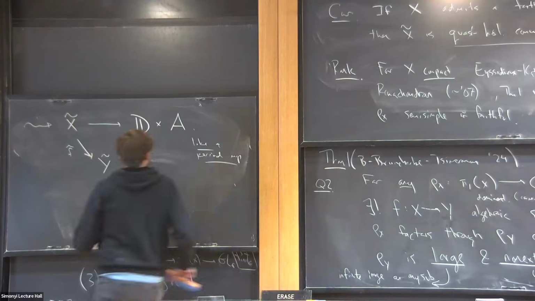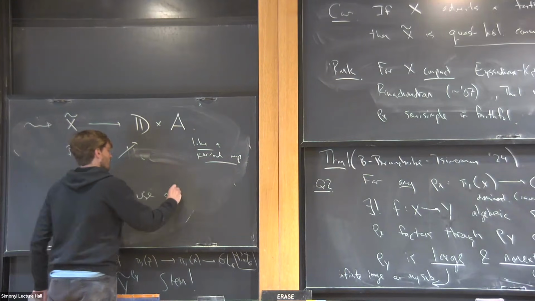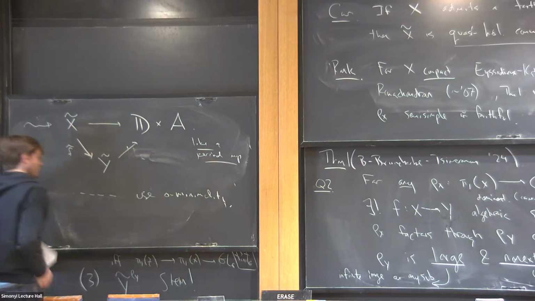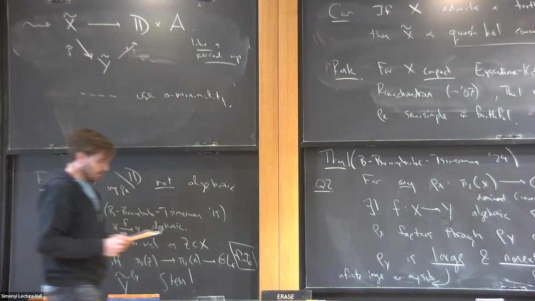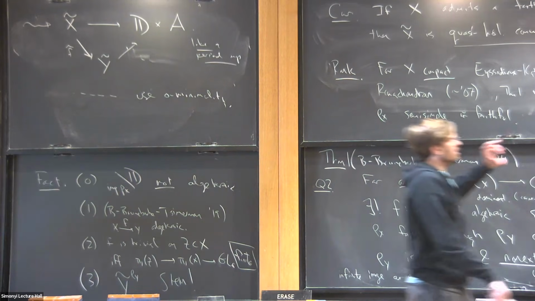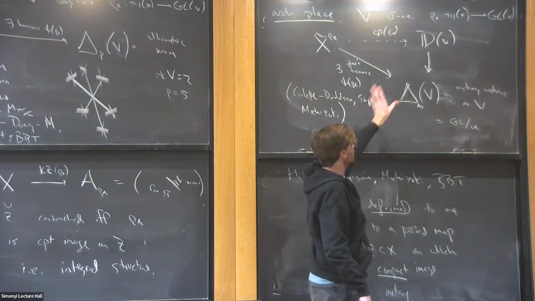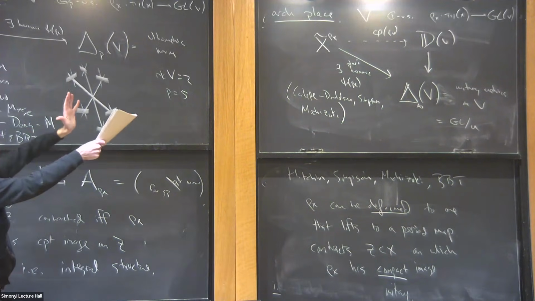And so then you do some work. You use o-minimality and various other things to produce this algebraic map. But one thing I want to end with, and sorry, I'm already a little bit over time, is that I kind of swept something under the rug. I said, starting with a representation, you can deform it to get this period map. So it's not the original representation.